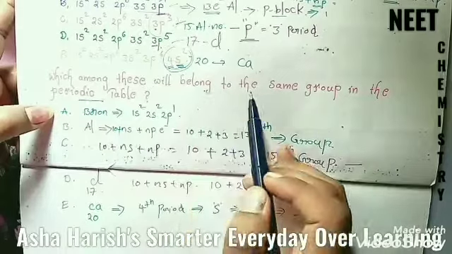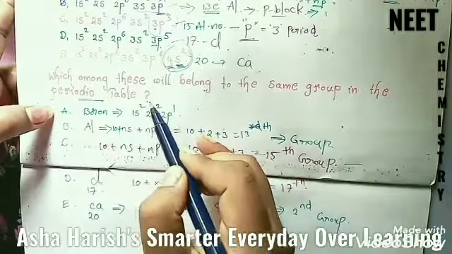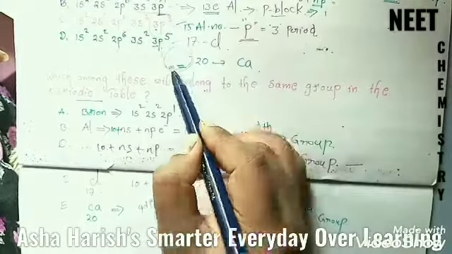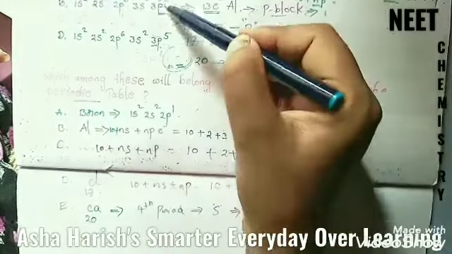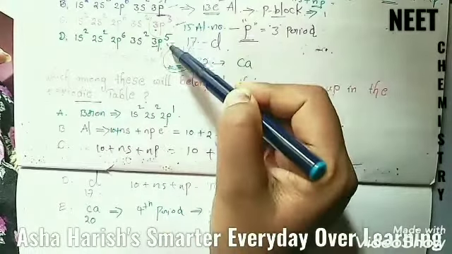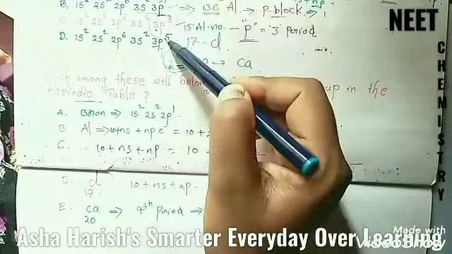Which among these will belong to the same group in the periodic table? We got that these are all third period and this is fourth period, and these four, A, B, C, D, belong to P block.